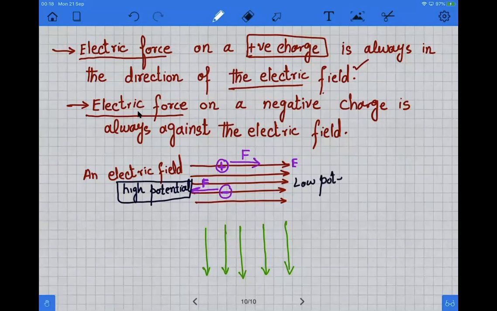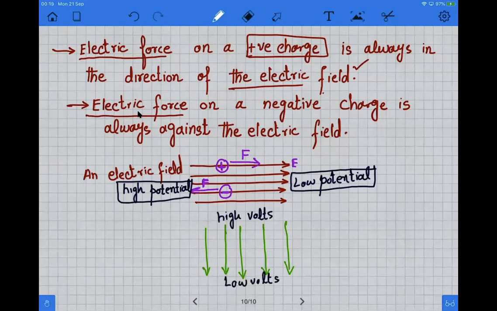So electric field is always directed from the high energy state or the high volts towards the low volts. So this field represents that here you have high volts and the bottom point is at low volts.